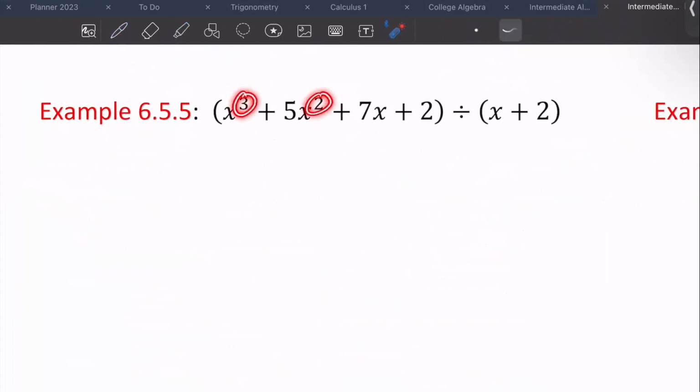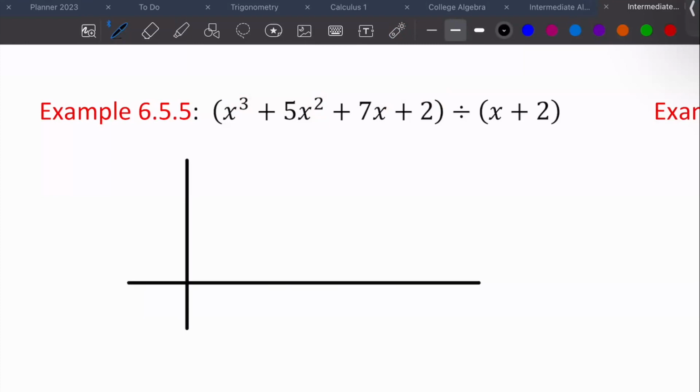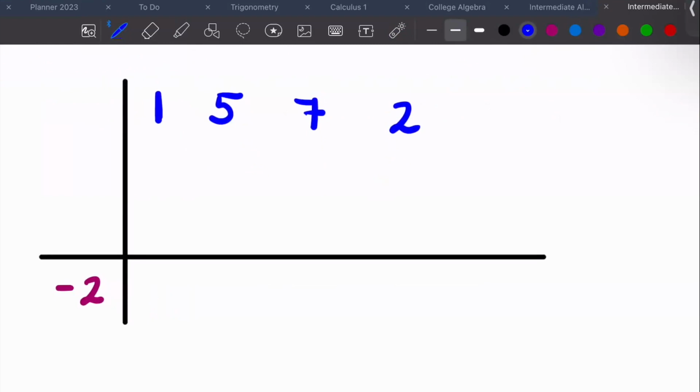Here, 3, 2, 1, 0, we're good. What number goes in the bottom? -2, right? List your coefficients: 1, 5, 7, and 2. Bring down, multiply, add down. 5 plus -2 is 3.